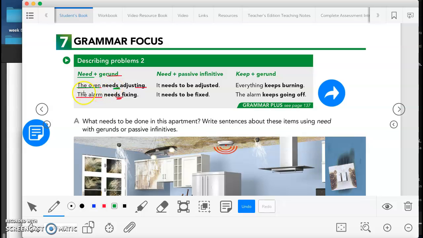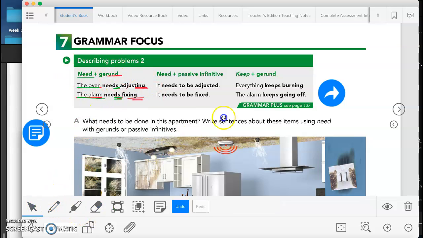So we will be saying needs, the oven needs, and then we have the alarm needs because it's the third person singular. And then we will be using our gerund, in this case adjusting, fixing, the alarm needs fixing, the oven needs adjusting.